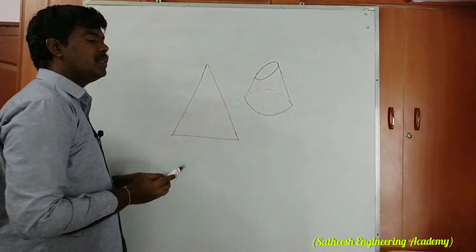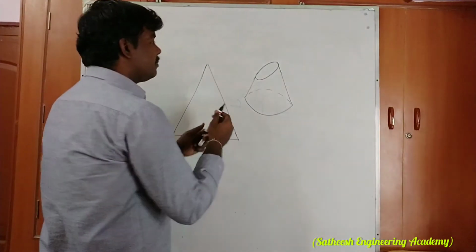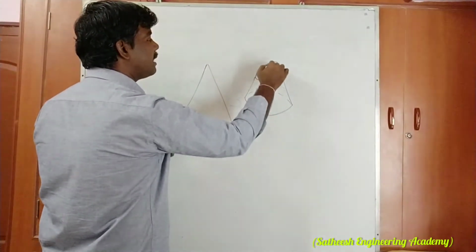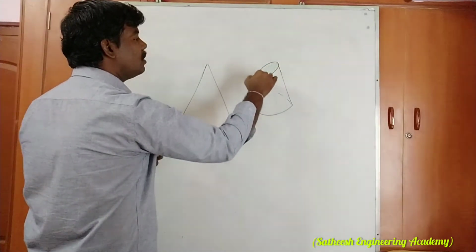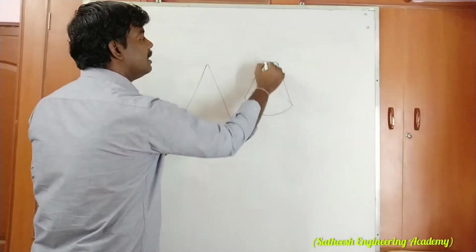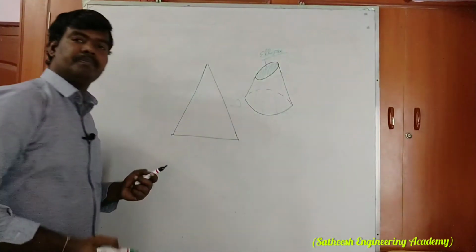So this one. It is a cone with a circular cross section, but we cut that cone by using a cutting plane. The cutting plane is inclined to HP, or otherwise the base of the cone. We get an ellipse, which is nothing but an elliptical cross section.